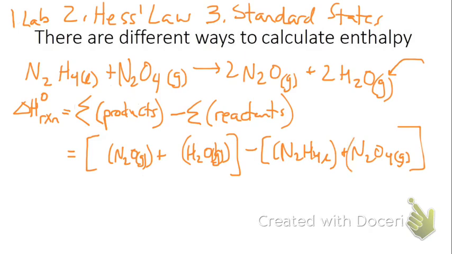Right? And what we also have to pay attention to are the number of moles of each compound, because that will change how much energy we have for the different reactants or products.